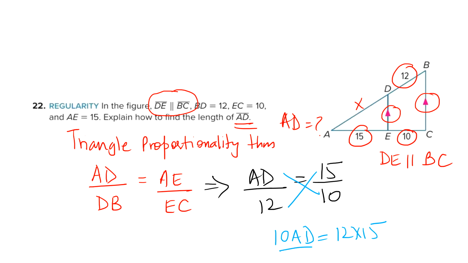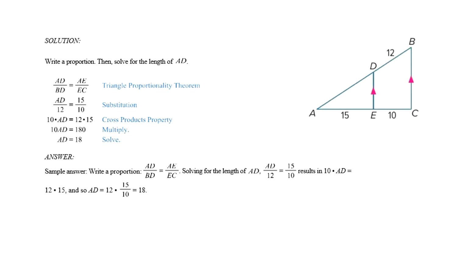Divide both sides by 10. So this is going to cancel, and your AD on simplification will come out to be 18 units. That's how you solve the question. I will provide the answer key in the next slide. Okay, so this is your final answer for question 22. Here I have provided the answer key as promised. Please check your answers.